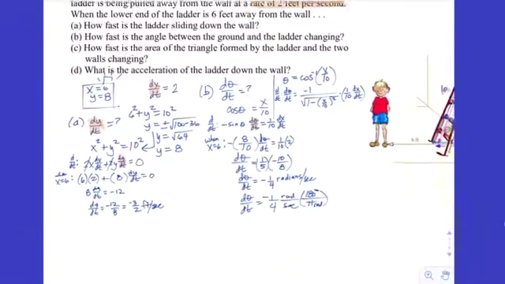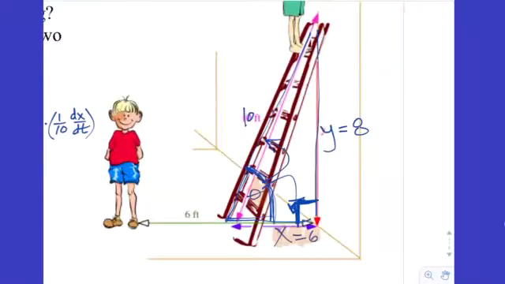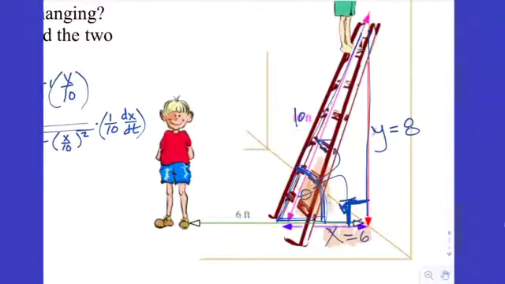Well, part C. How fast is the area changing? So now we're looking at this whole region right here, and we want to know how fast that area is changing. Should the area at this moment be increasing or decreasing, do you think? Yeah, the area should increase and then decrease, because if you think about the case where the ladder is flush up against the wall, the area between the ladder and the wall is 0, right?